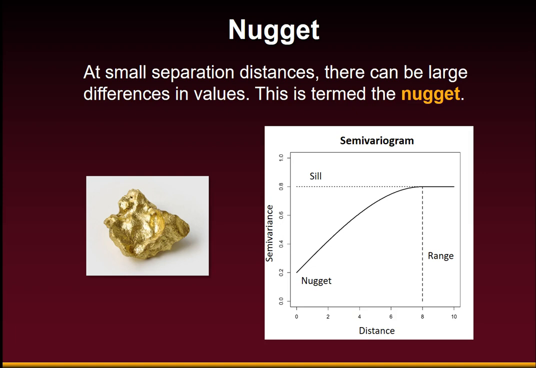But if you move just a small distance away, you might hit a nugget in which you would have a very large amount of gold in that sample. That means the variance is high even though the separation distance is low. And that's why the variogram model doesn't always trend to zero at very small separation distances. Sometimes it's a little bit up higher on that y-axis, as you can see here from the graph.